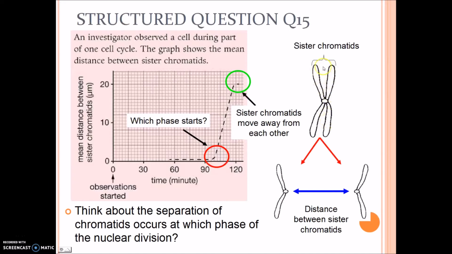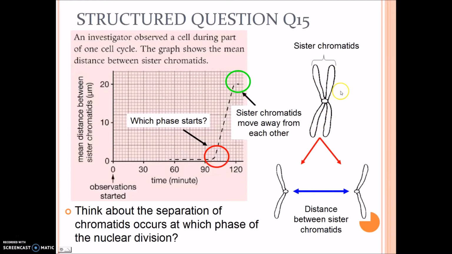So you know that this is a chromosome, the duplicated chromosome, right? Just before the cell division, the cell needs to replicate the DNA or duplicate the chromosome to make it double.